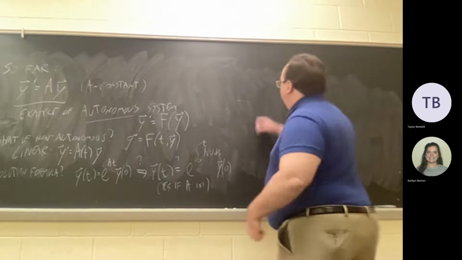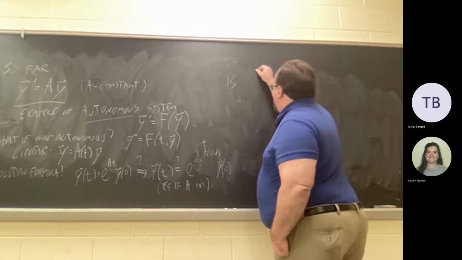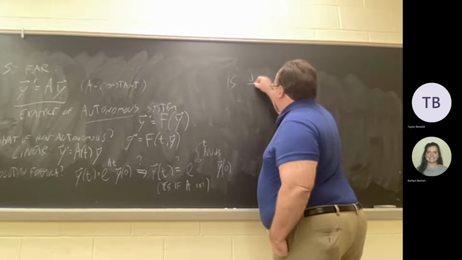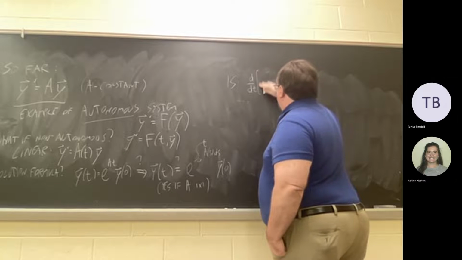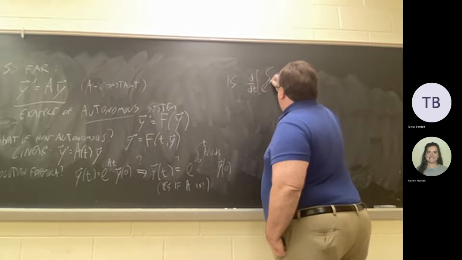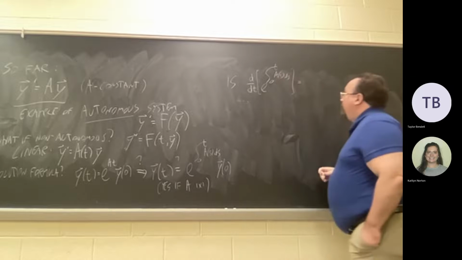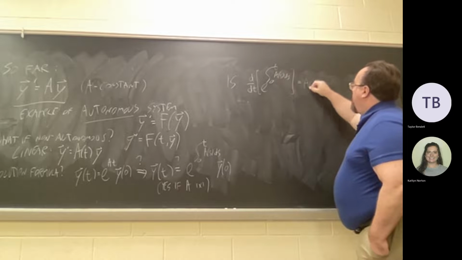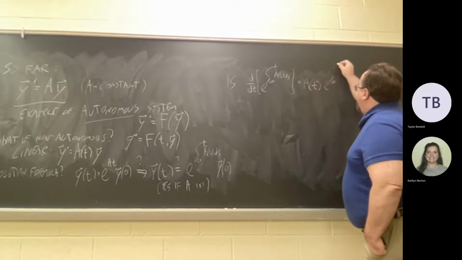So the question to ask is: is the derivative of this exponential equal to A of t times itself?